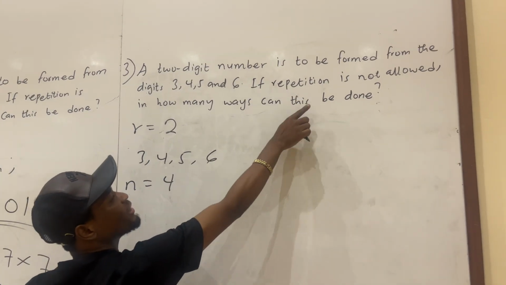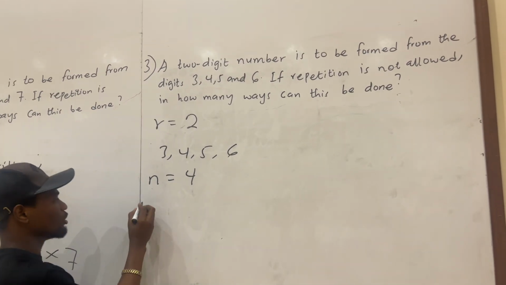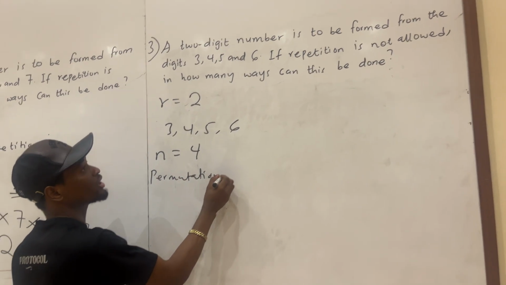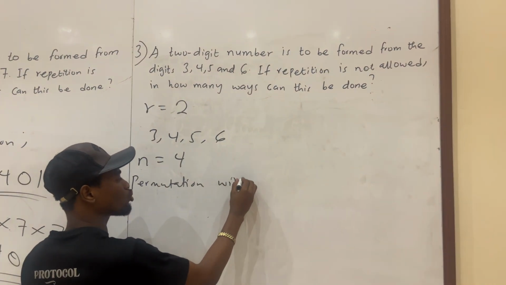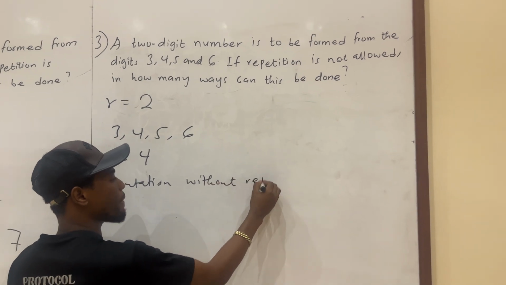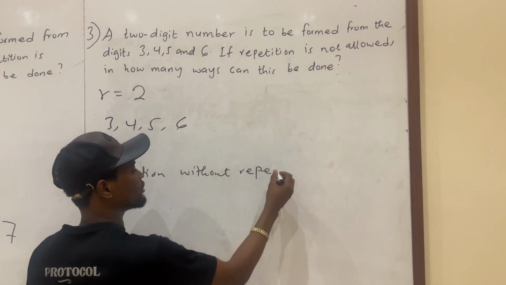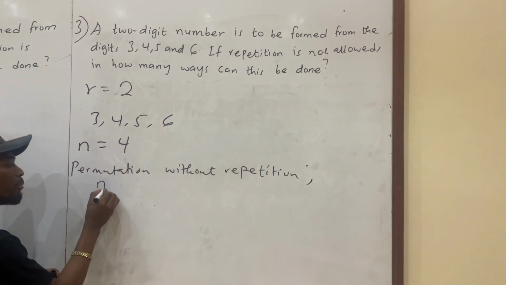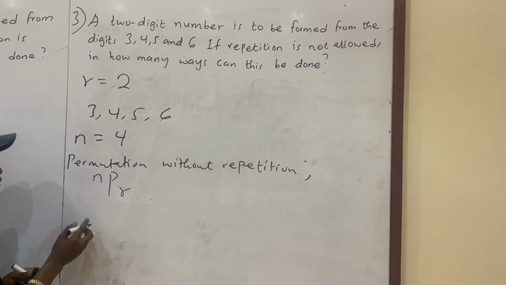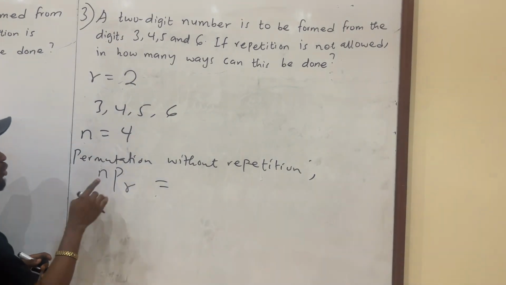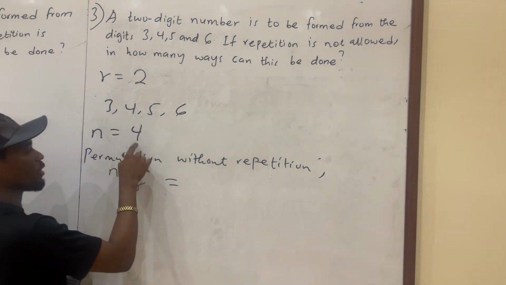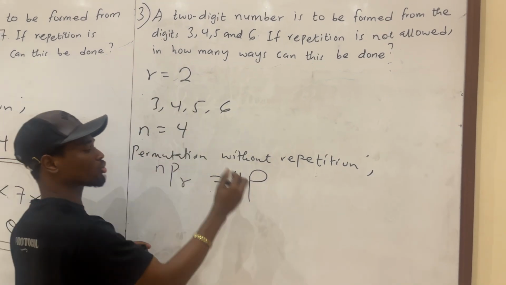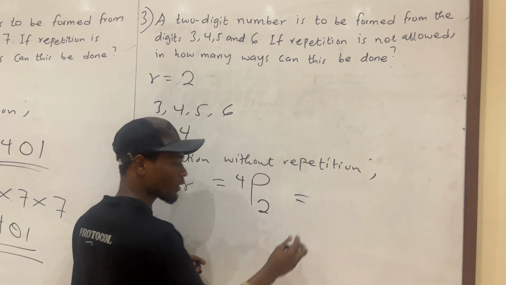Now I say if repetition is not allowed, permutation without repetition is given by nPr. So by substitution, n here is equal to 4, and r here is equal to 2.